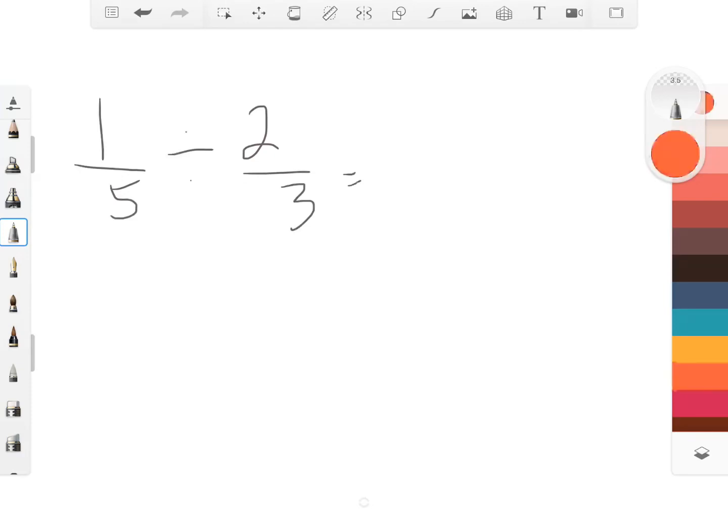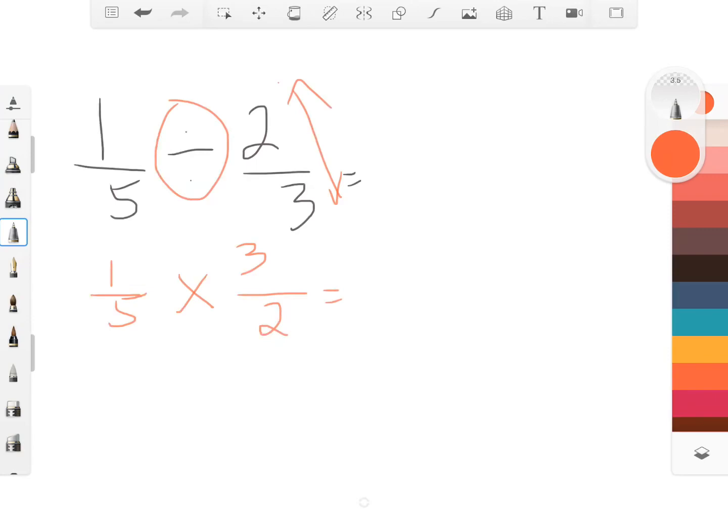The first thing you need to do is bring down 1/5. Then you change the division into multiplication. And then you flip this number, so that the denominator becomes the numerator and the numerator becomes the denominator. Then after that, you're good to go.